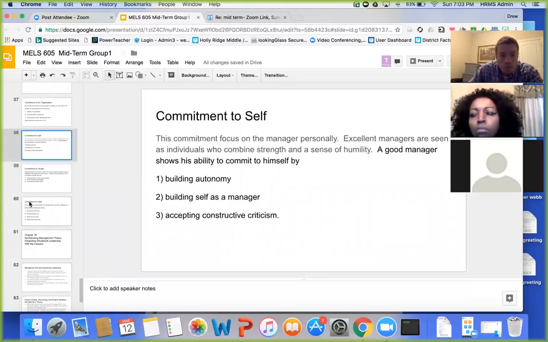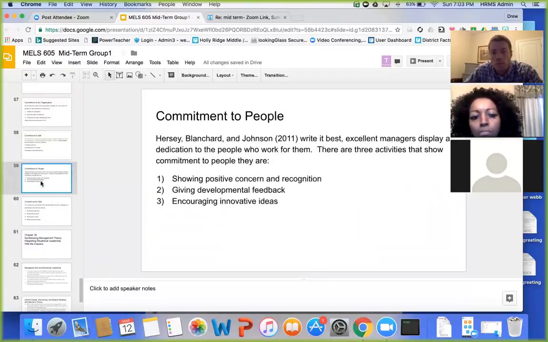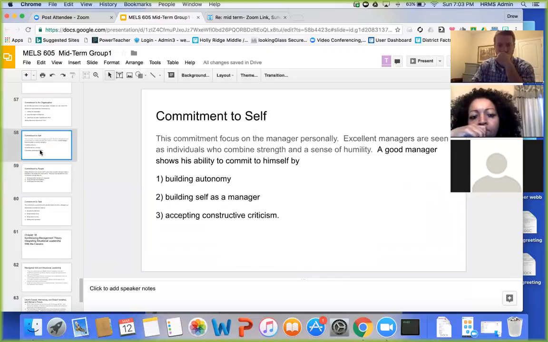The next one is when we look at building self-management, that reflects on how the manager projects his own self-image to others. And managers demonstrate building the self by appearing confident and also assured in acting on their integrity, what is right. Okay.